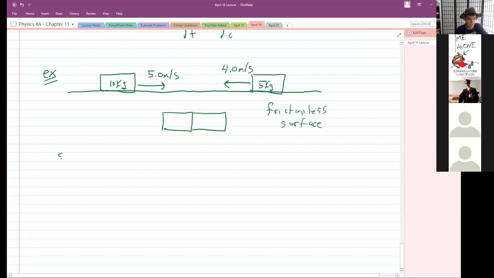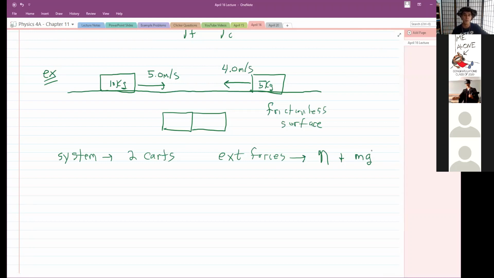So if I define my system as the 2 blocks, or these 2 carts, then what forces are acting on these carts? Basically, I've got the normal force and I've got gravity. But if there is no acceleration in the y direction, these 2 forces are going to be equal to each other. The normal force pushing up is going to be exactly equal to the force of gravity pulling it down.